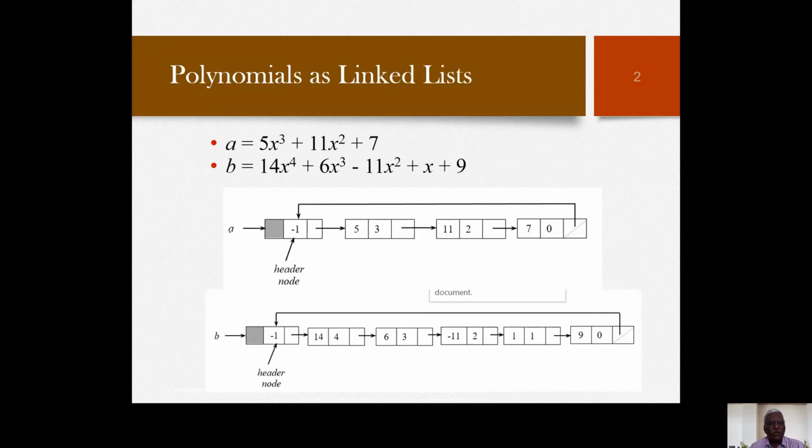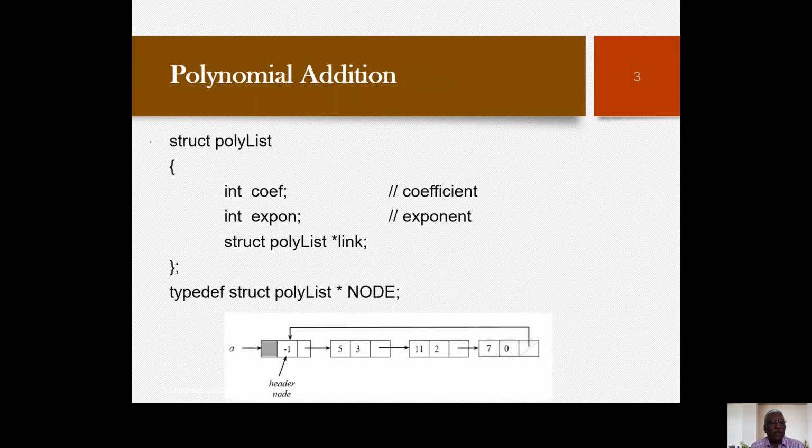Now we will see how we could design the structure for a node in this particular polynomial. I would call the structure polylist. I'm going to use C code here, so that we can directly use it later in the C program, which you can easily understand.